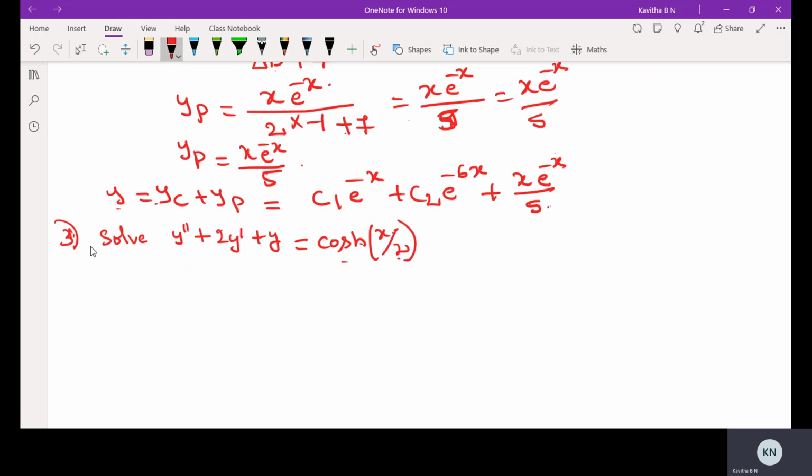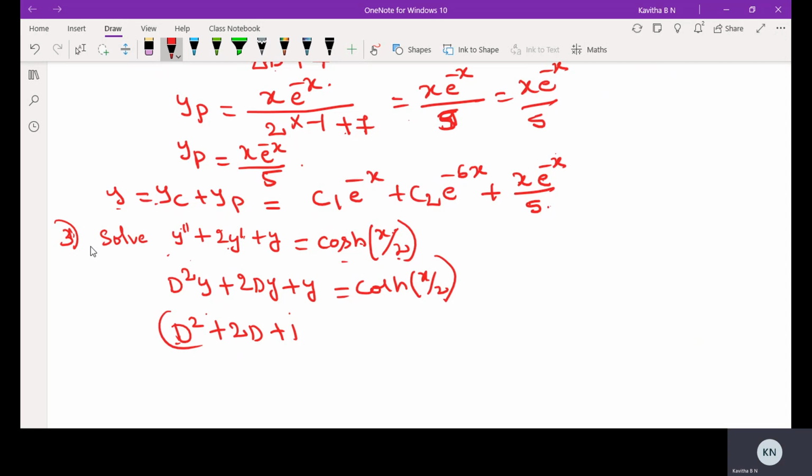The y double dash we are writing d square, y dash we are writing 2d, so d square y plus 2dy plus y is equal to cos h x by 2. Then take y common: d square plus 2d plus 1 y is equal to cos h x by 2.